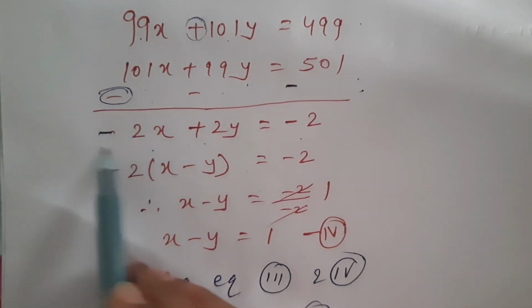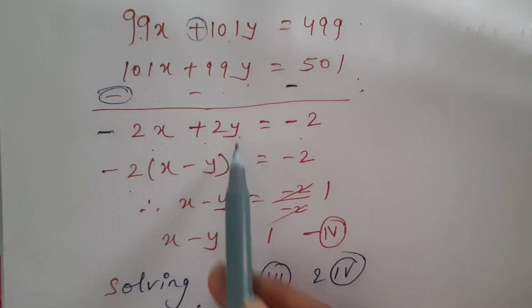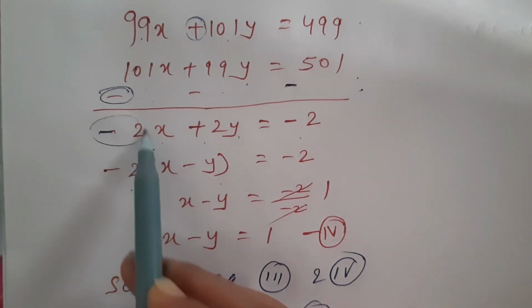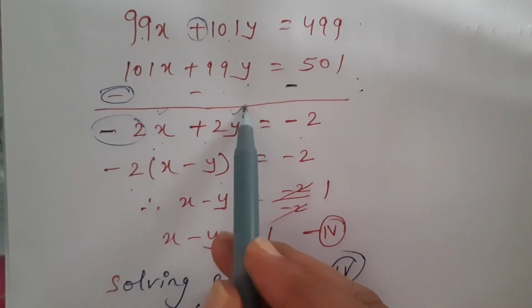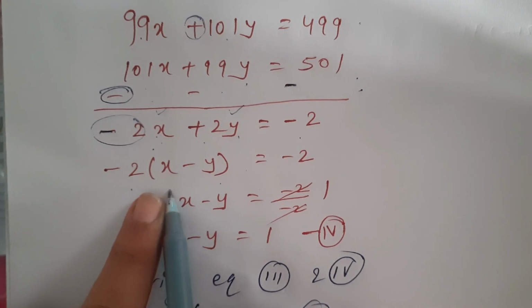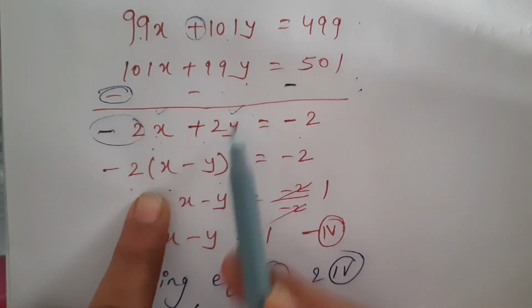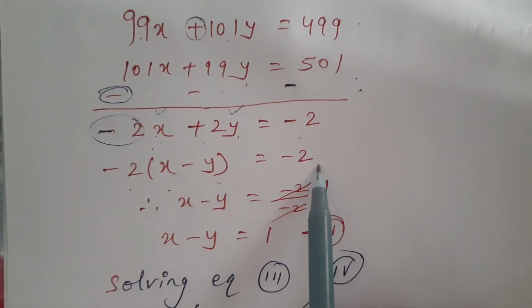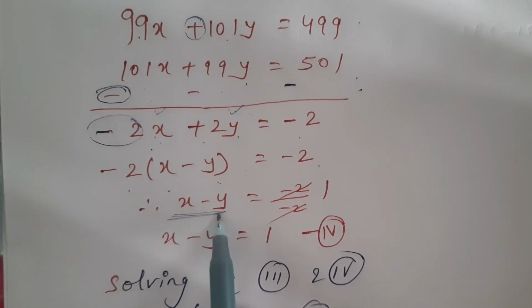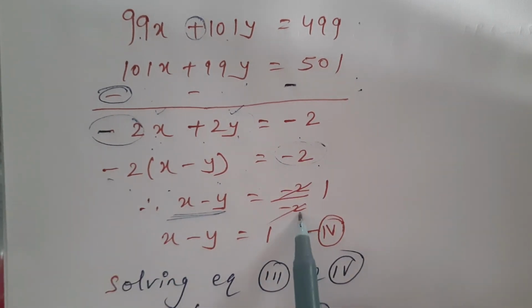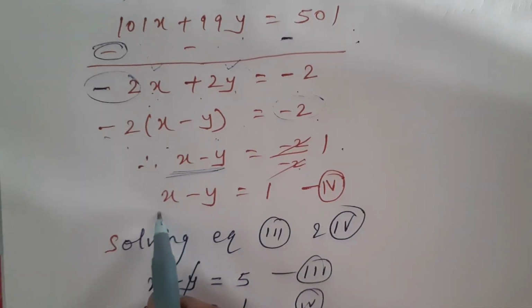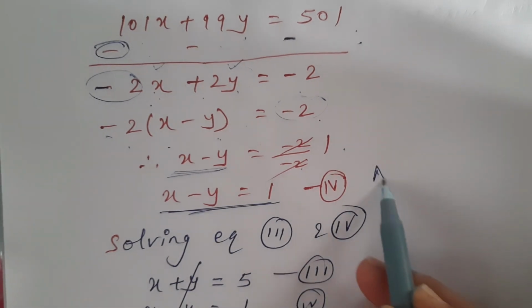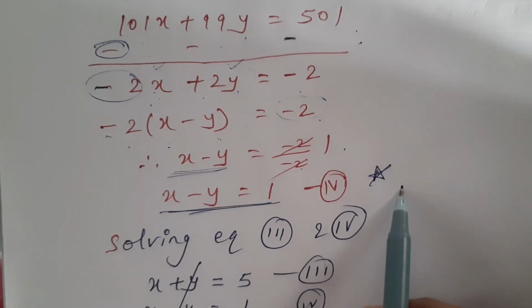If we take minus 2 common, we are left with x minus y. As I am taking minus 2 common, we will change both the numbers' signs. So here minus x will become plus x and plus y will become minus y is equal to minus 2. Now we get the value of x minus y as minus 2 upon minus 2, which is 1. So here we got x minus y as 1. This can again be a 1 mark question, so we'll leave it here for 1 mark.